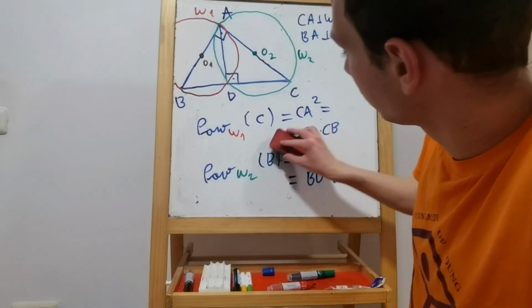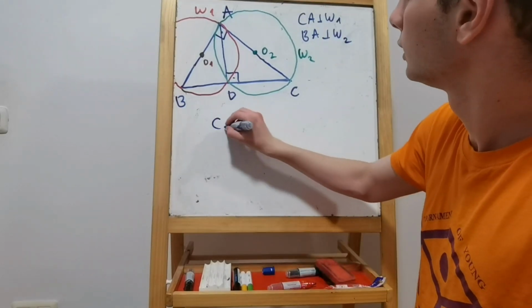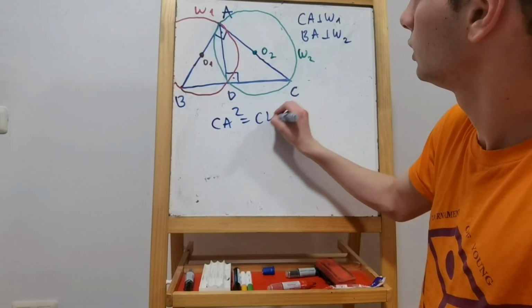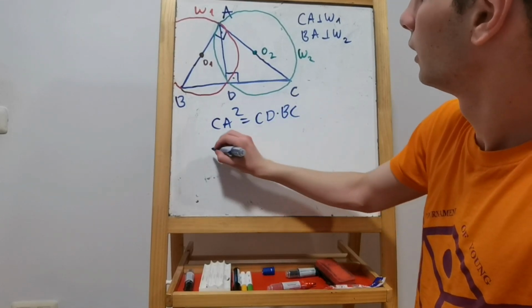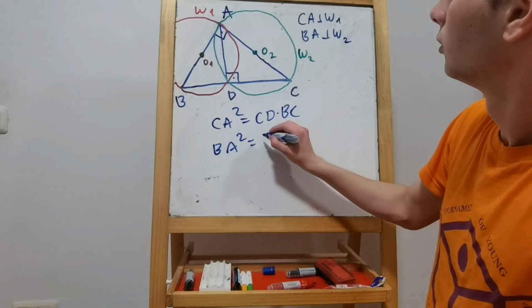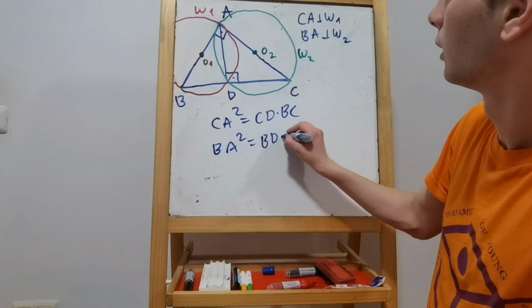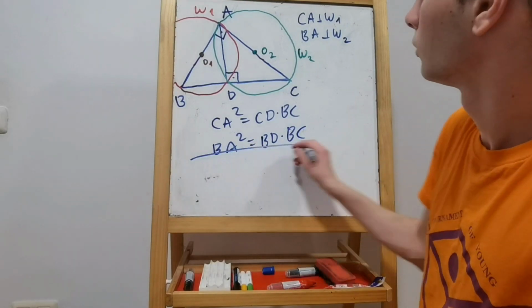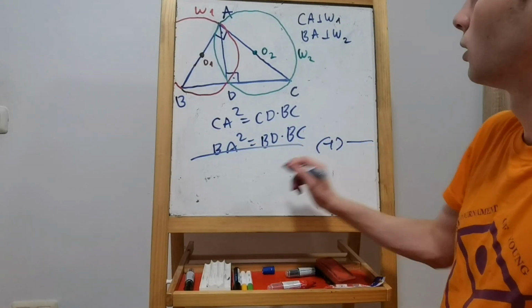And look what we're left with. So you have CA squared is equal to CD times BC, and then BA squared is equal to BD times BC. Now you just add this up.